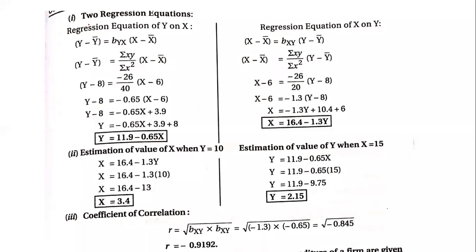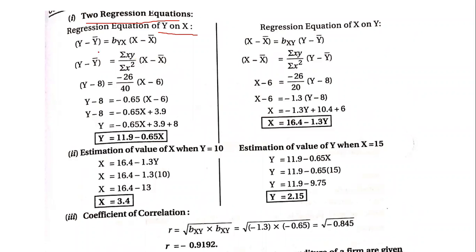Moving on, first we have to find the regression equations. Now regression equations is x on y and y on x. So first we'll find out y on x. What is the equation? Y minus y bar is equal to byx into x minus x bar.